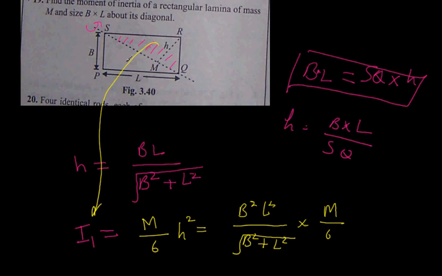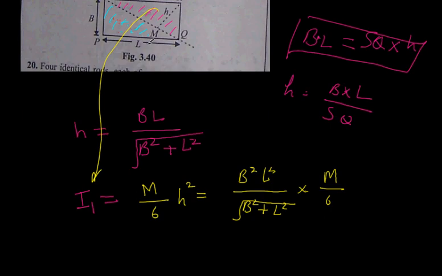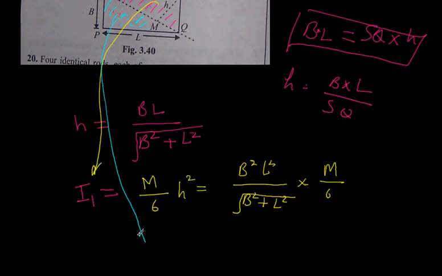The same thing will be I2 for the other section: B square L square divided by B square plus L square, into M by 6.